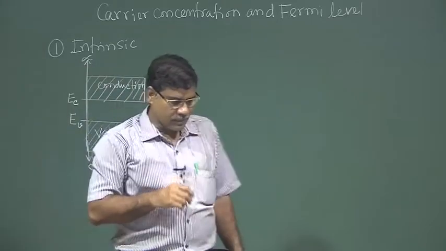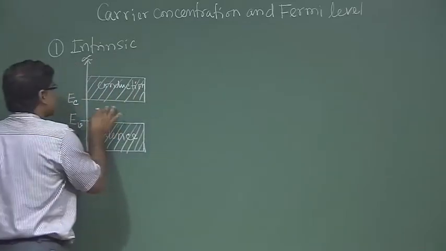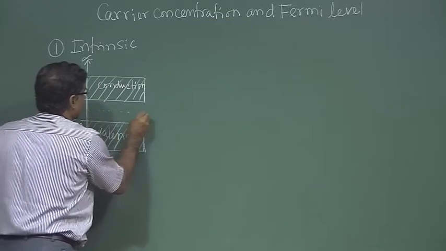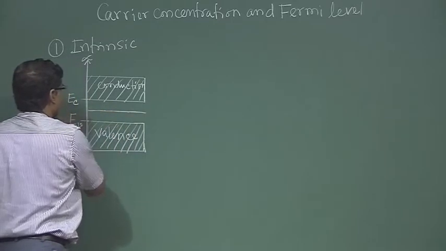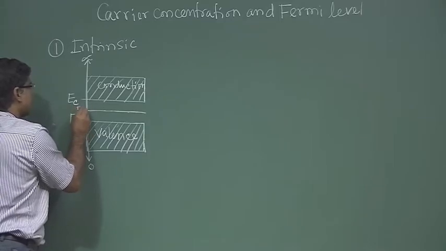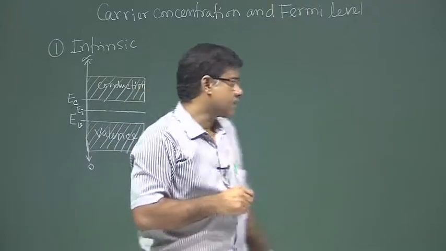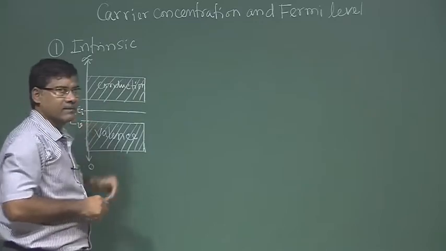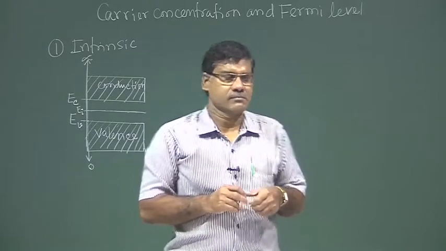And the Fermi level for the intrinsic case, this energy is say E I. Okay. So, for intrinsic semiconductor, this Fermi level I am defining here by E I. I will show that E I will be equal to E f.